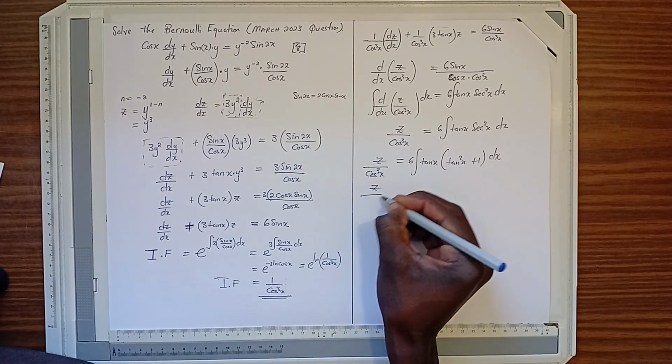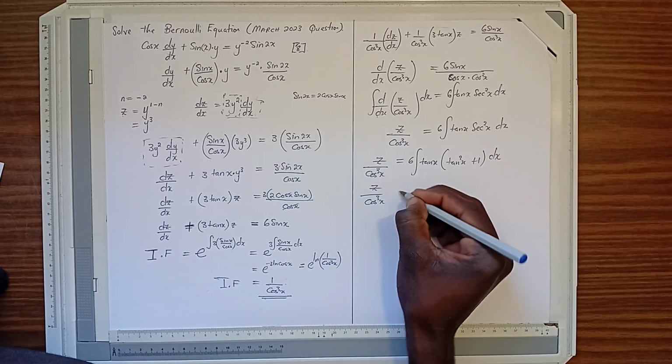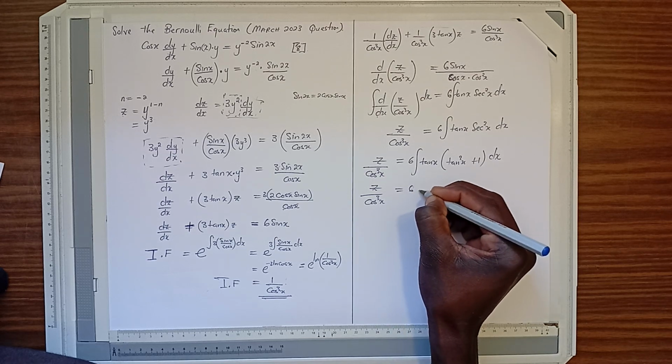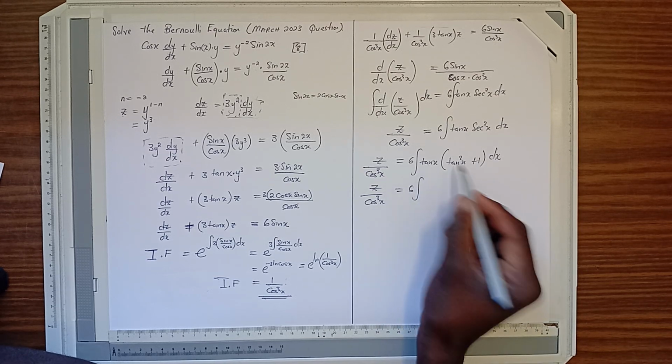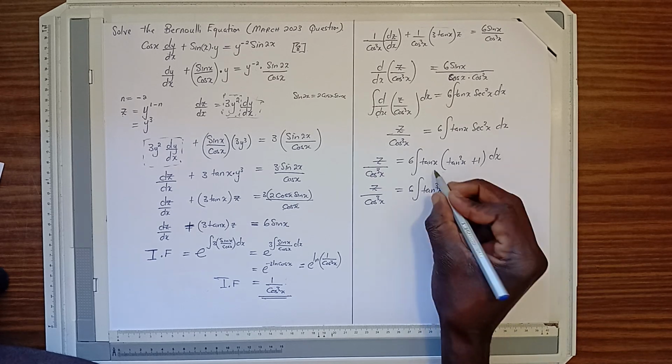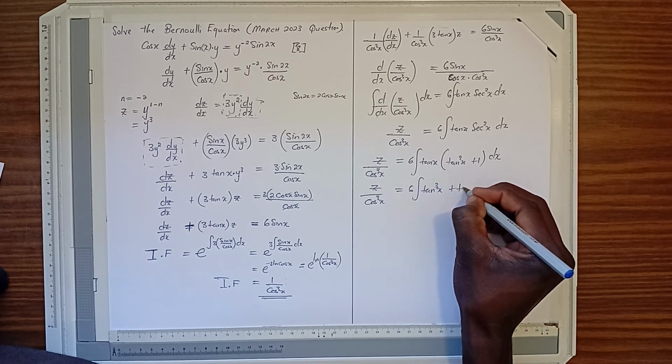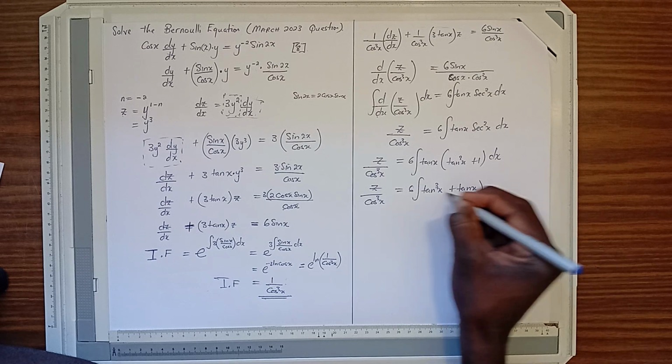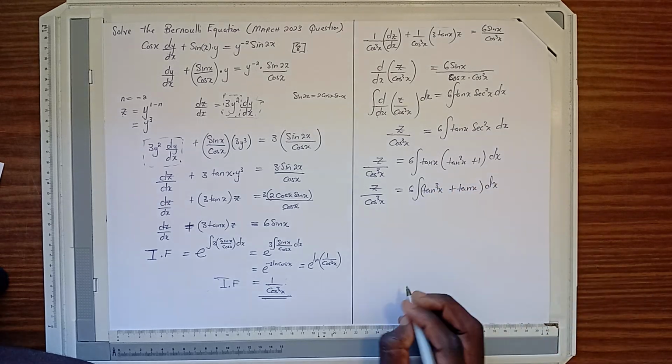If you multiply tan by this one, we get tan cubed of x. If you multiply tan by this one, we get plus tan of x. This one all by dx.